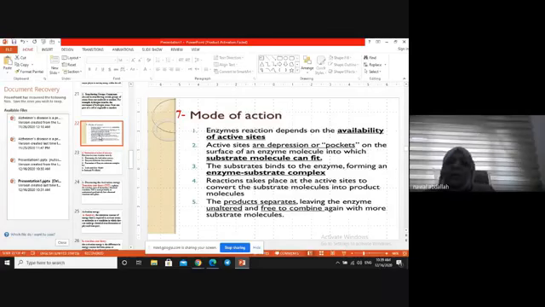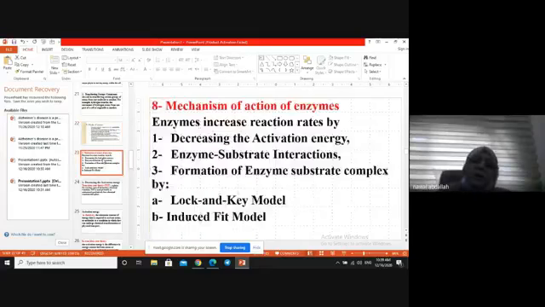The product separates, leaving the enzyme free, unaltered and unchanged. Now we will come to the mechanism of action: how the enzyme works on the substrate to produce a product.